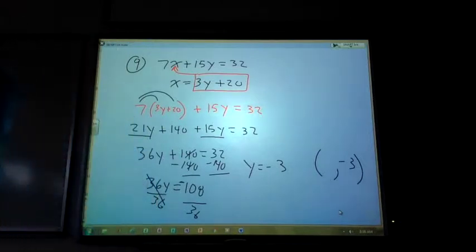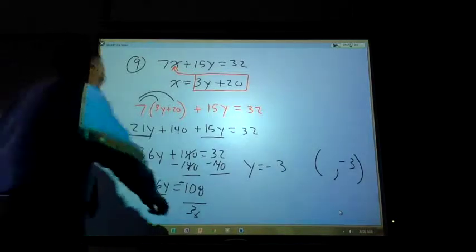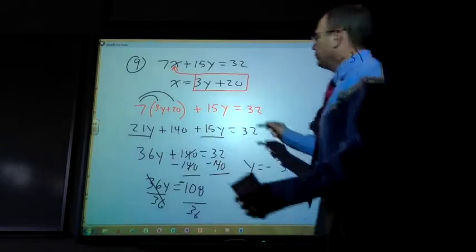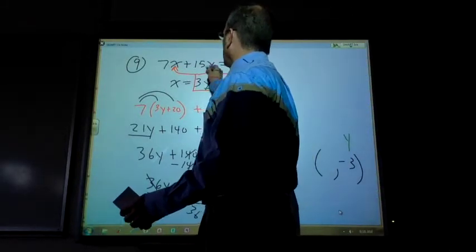So if my y value is equal to negative 3, Mackenzie, what should I do with that negative 3? What am I trying to solve for now that I have a y value? I'm trying to solve for an x. Where should I plug that in to get an x value? Yep, absolutely. So this is a y value right here. Now, it can be plugged into either of those.